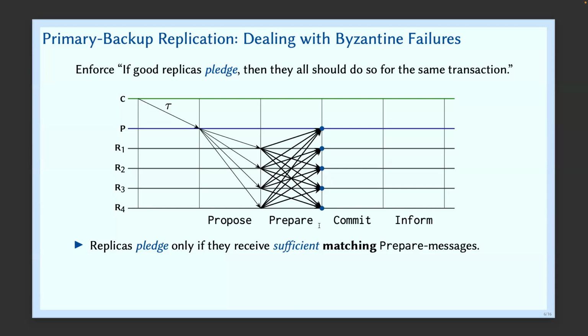Because, for example, can I guarantee that I always get the exact same message, even if the primary didn't lie? Why not? Let's assume there's no network problem. If there's no network problem, and the primary didn't lie, can I ensure that I get 3F plus 1 identical messages? Why not?